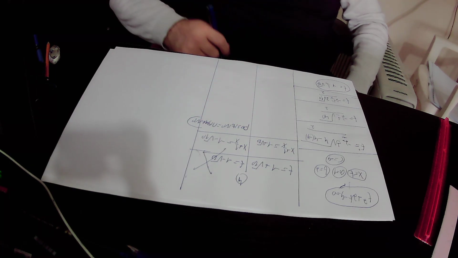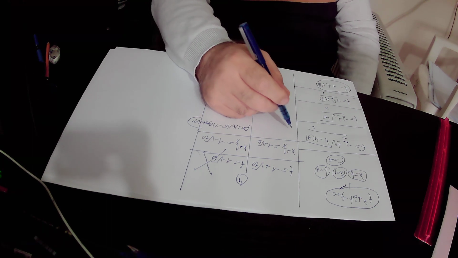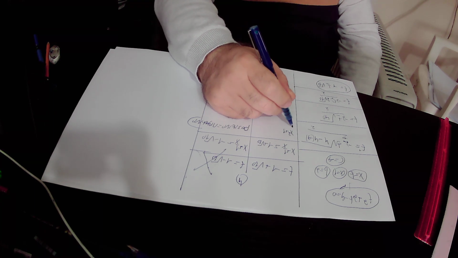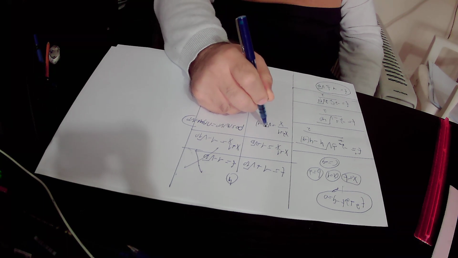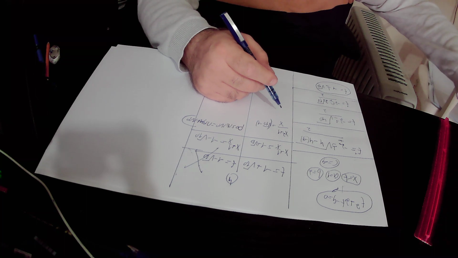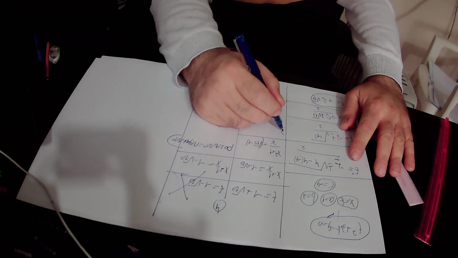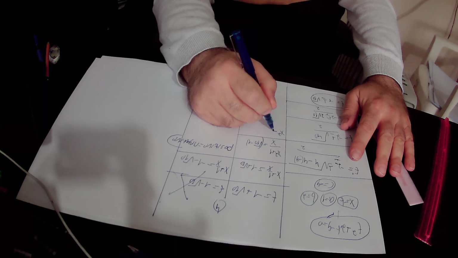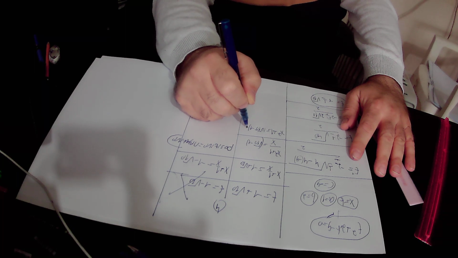Here we will multiply this equation by x, and we will get x squared plus 1 equals square root of 10 minus 1 times x.